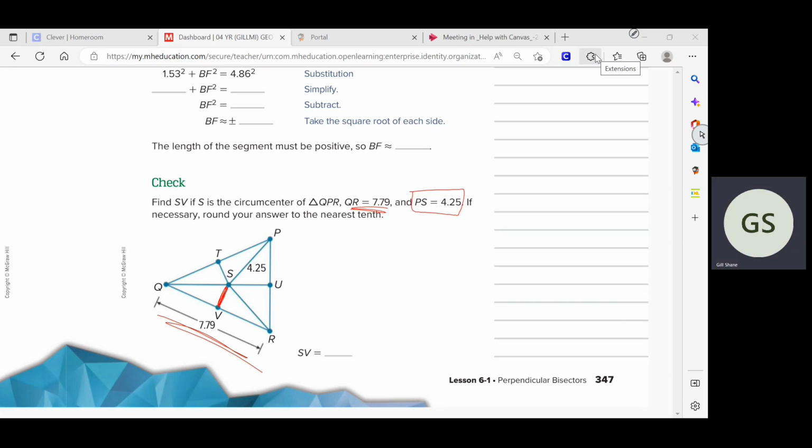So your triangle you're solving for is the right triangle. How do you find it? You know this, you don't know this, so we're solving for that. How do we get this?